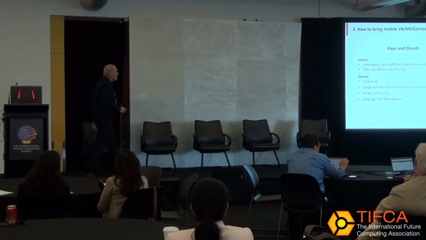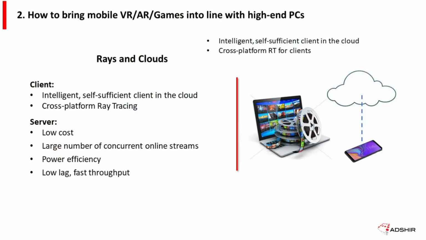Now, let's talk about rays and clouds. We need the client and we need the server. What we are going to try to achieve is an intelligent client, a self-sufficient client in the cloud.